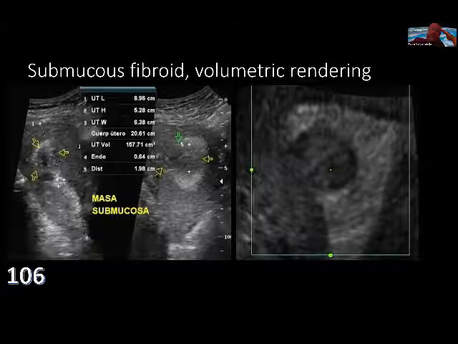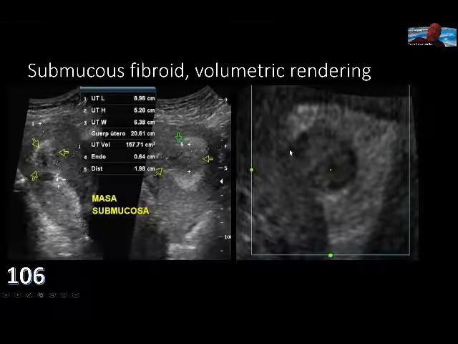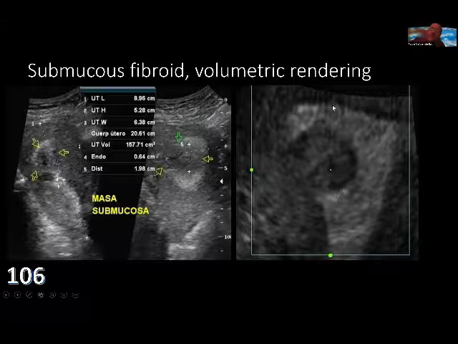If you happen to have the volumetric rendering machine, you can actually see that pretty, that nice. The endometrium and a little spheric thing inside.